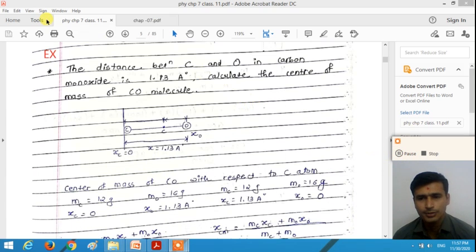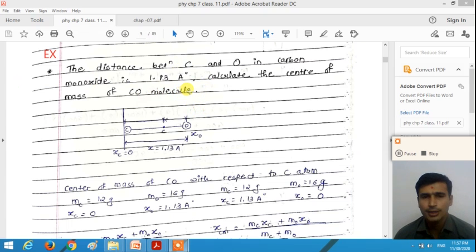So now dear students, we will take another example to calculate the center of mass. The distance between the carbon atom and the oxygen atom in carbon monoxide is 1.13 angstrom. Calculate the center of mass of the CO molecule with respect to the carbon atom as well as with respect to the oxygen atom.